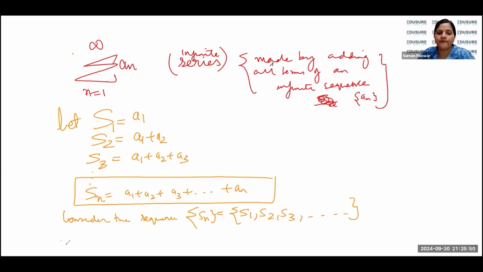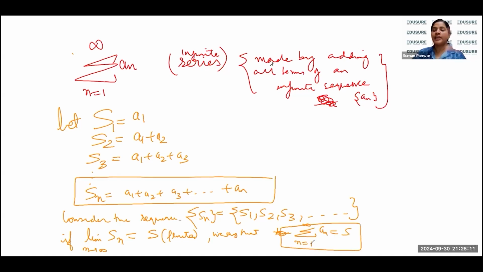Now, if the limit as n tends to infinity of Sn is equal to a finite S, we say that the sum from n going from 1 to infinity of an is S. If you want to decide whether a series is convergent or not, you take the sequence of partial sums of the series.